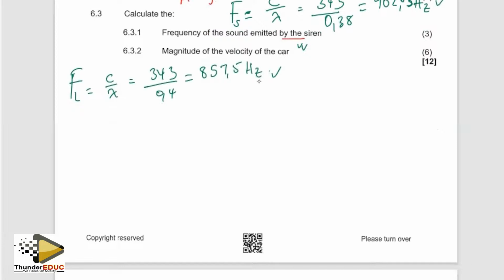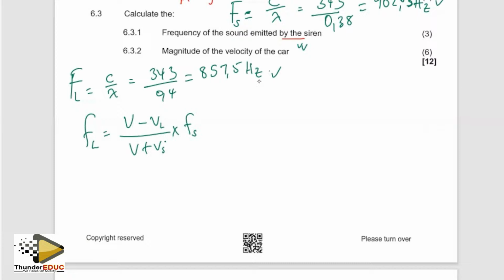Now, from the Doppler formula, since it's moving away, it's going to be V minus the velocity of the listener, over V plus Vs, multiplied by Fs. I hope that is the right formula. We're looking for the velocity of the source. So let me do the substitution.